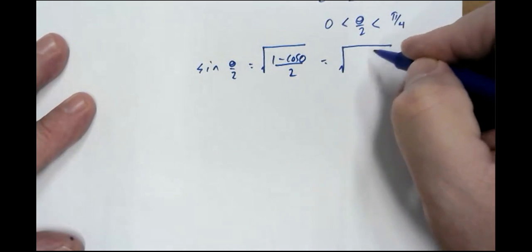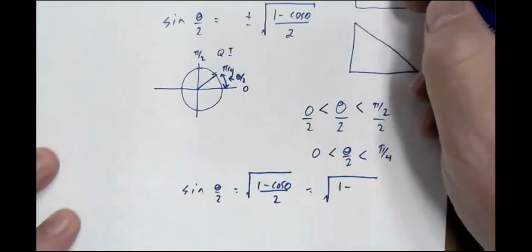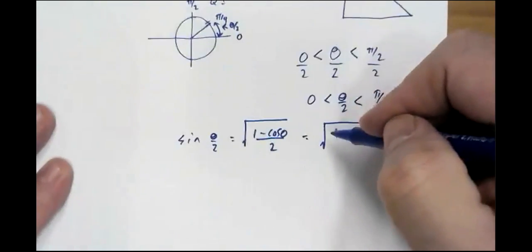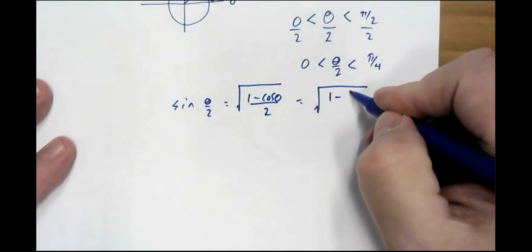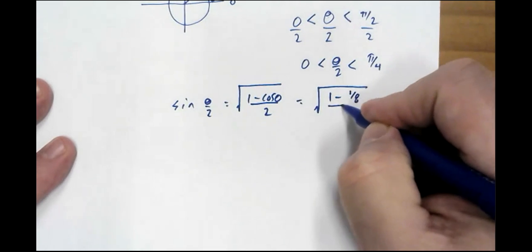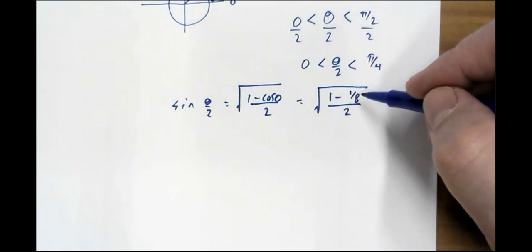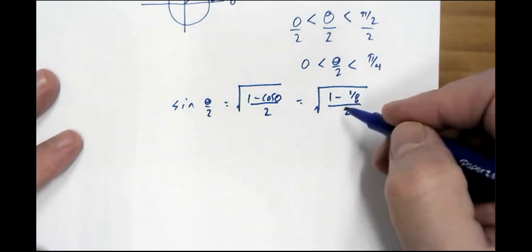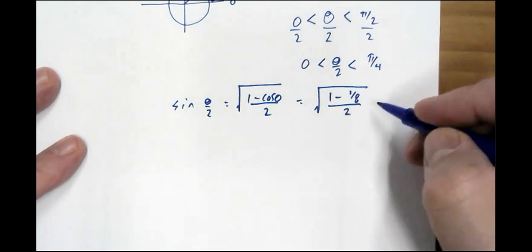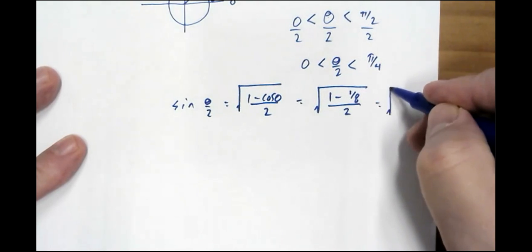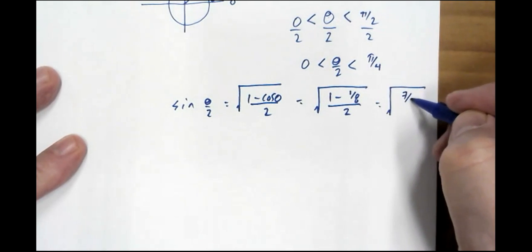So then just to finish this problem, if I plug in 1/8 for the cosine, now this becomes a problem of doing math with fractions. 1 minus 1/8 is going to be 7/8.